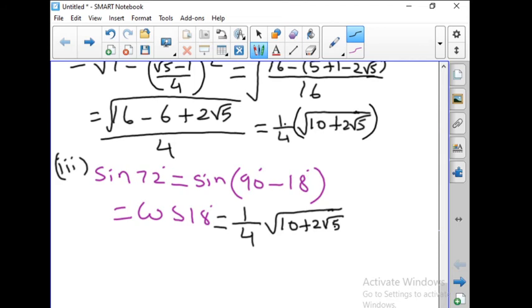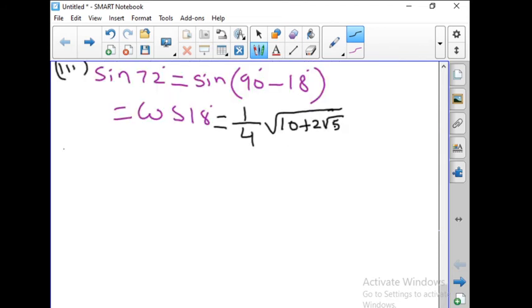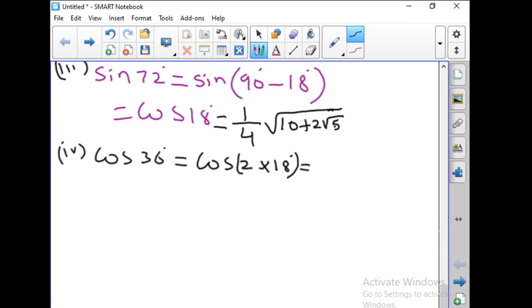Now what about the fourth one? The fourth one is cos 36. So cos 36 is what? It is cos 2 into 18, 2 into 18 is 36. So the cos 2 theta formula can be used. So what is cos 2 theta?